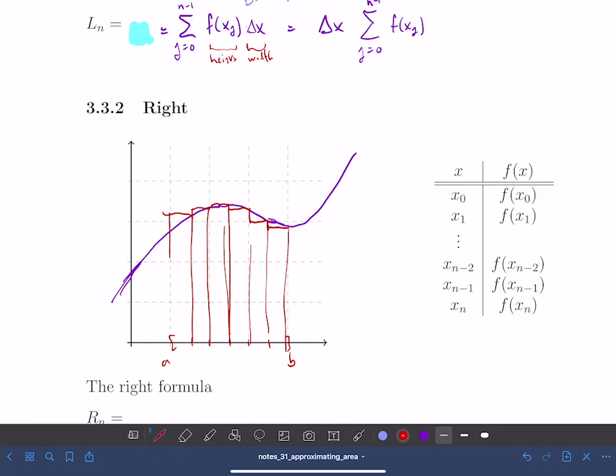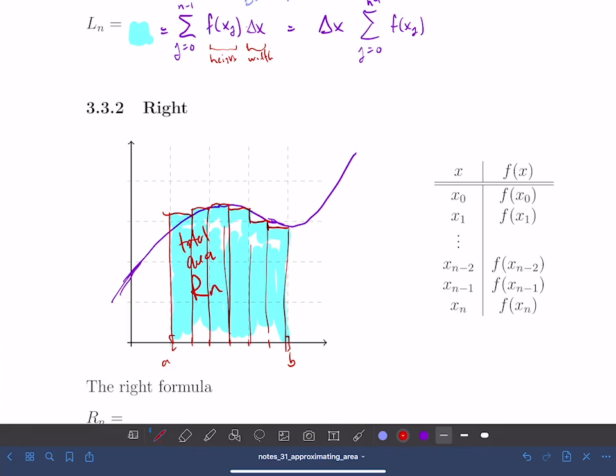And the area that I estimated then is this area here, including some overage there, and including some underage here. This area is equal to R sub n, the right sum.